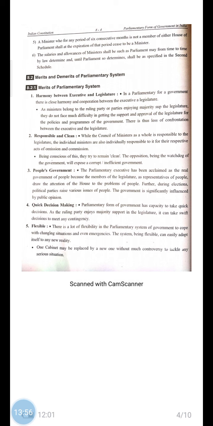પછી જોઈએ, what are the merits and demerits of the parliamentary system. First one, merits, that create the harmony between the executive and the legislature. In the parliamentary form of government there is a close harmony and cooperation between the executive and the legislative.